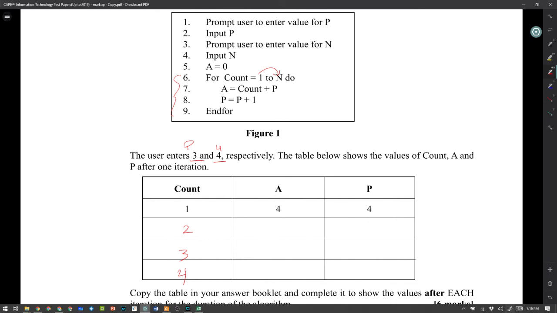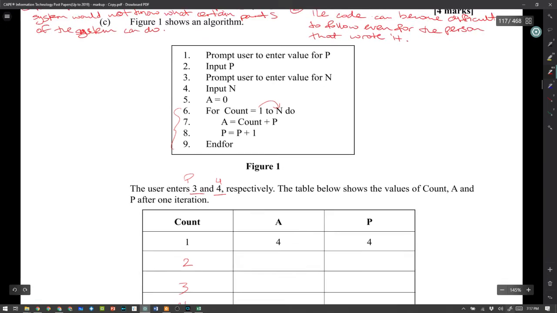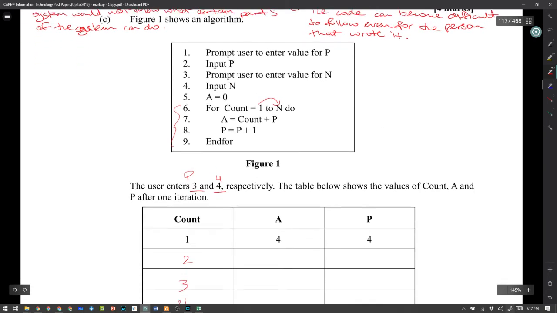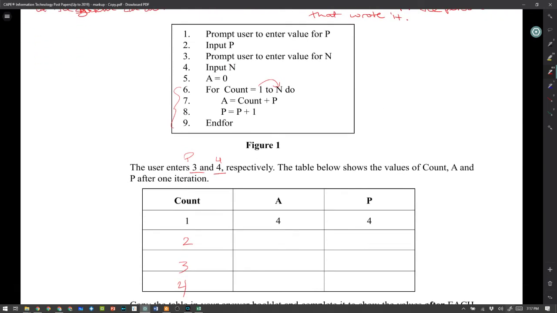A is equal to count plus P. So what happens now? We have counters 1, 2, 3, 4. What's the value of count at the start? 1 plus P. P would have been 3, so A will become 4.